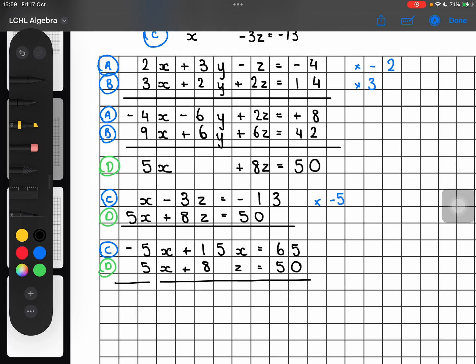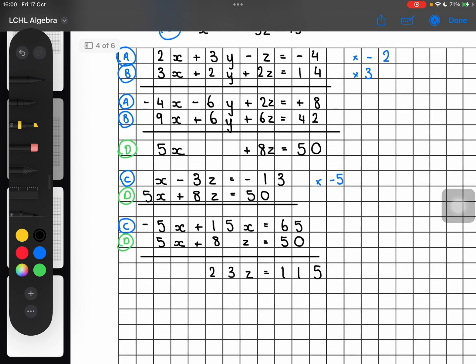Okay, so now I can add both lines together. So one nice clean line underneath them. So add both lines together so that the x's cancel, and I'm going to be left with 23z is equal to 115. Okay, so now I can find what z is.